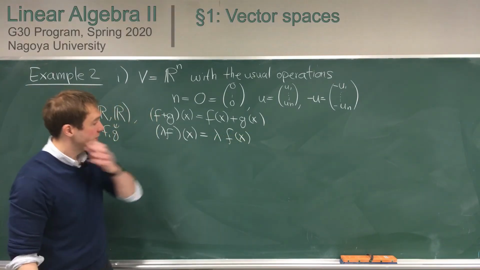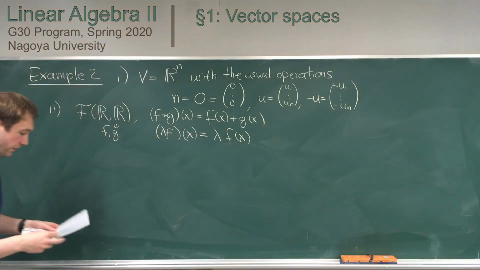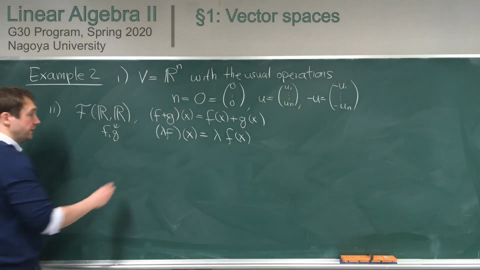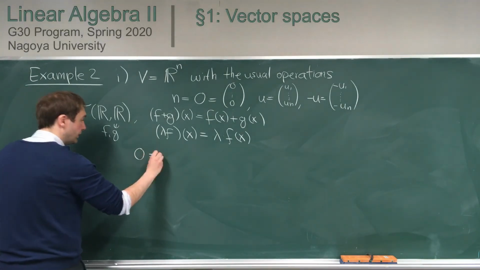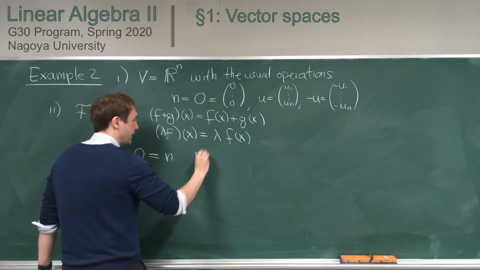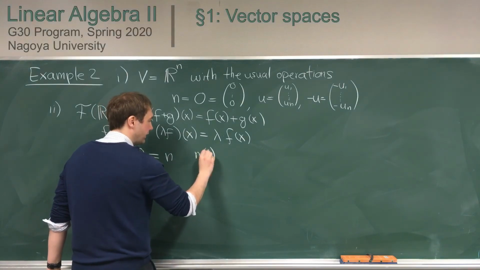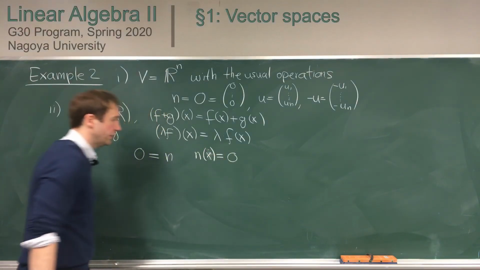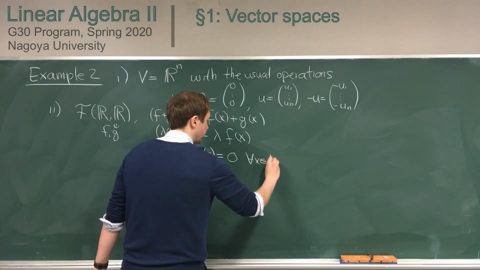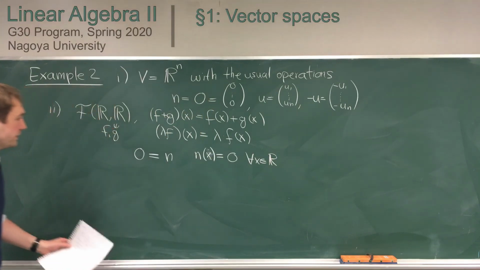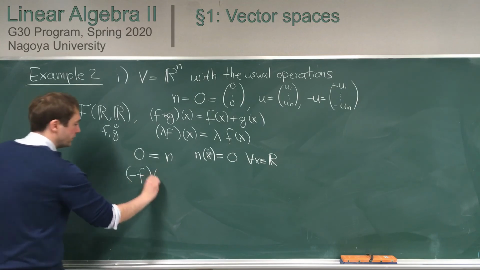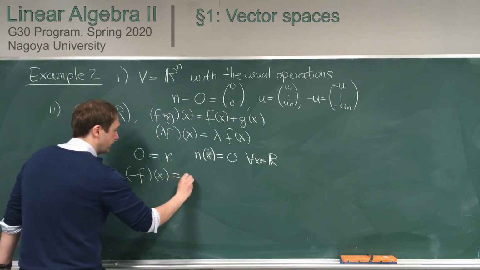And here this multiplication is just the multiplication of real numbers. The identity element, the 0, is this function n, where n of x we defined to be 0 for all x. And the negative of a function, the inverse of a function, is just minus f of x.